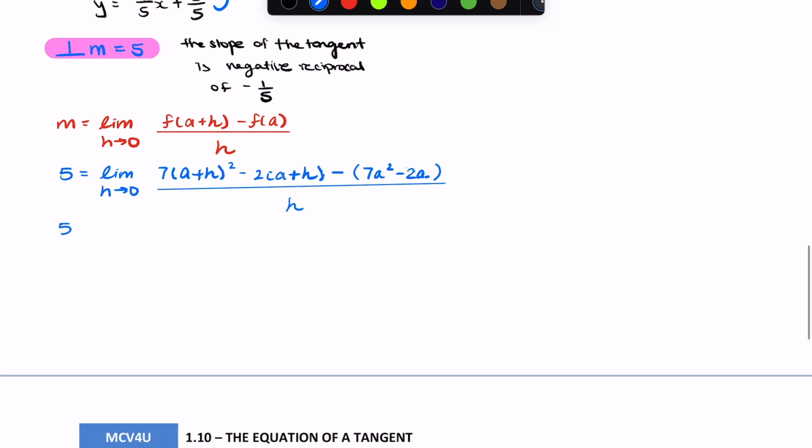Here we see that 5 is equal to the limit as h approaches 0. And so if we expand this, we'll get 7a squared plus 2ah plus h squared, minus 2a, so expand that, minus 2a minus 2h, minus 7a squared plus 2a.